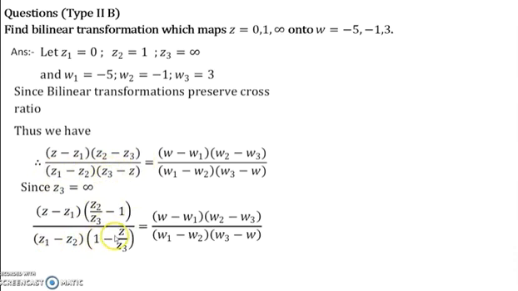In the denominator also we have z3 by z3 equal to 1, minus z by z3. Wherever you have z3, since z3 alone is infinity, take z3 outside in both numerator and denominator and cancel it out. You get the rest of the things as they are.